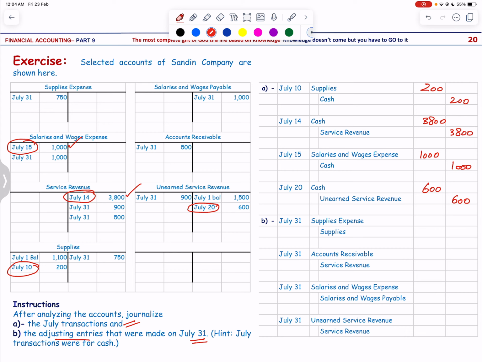supplies. Now you can see that supplies is credit by 750. So if it is a credit for supplies, definitely there must be supplies expense, and supplies expense is 750.